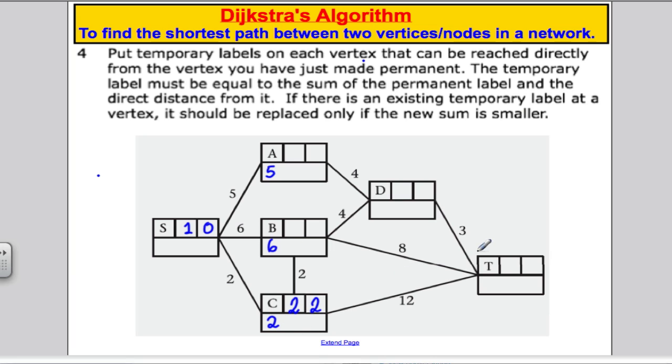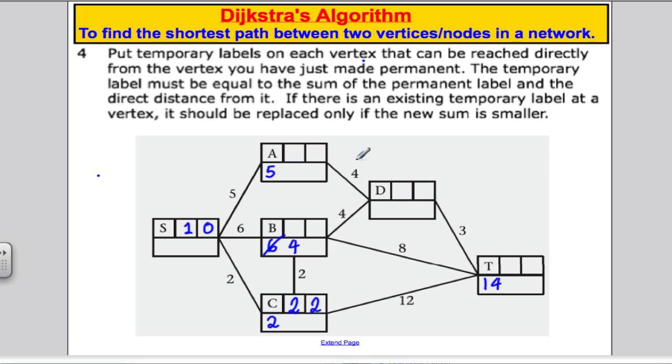I'm going to assign temporary labels to anything I can get to from C. Well, I can get to B from C with another 2. It already took 2 to get here, another 2, so that's 4. Now, I write in the 4 because it's better than the 6 I previously got, and I cross that 6 off. What else can I get to from C? Well, I can get here by going 2 and then 12, so in total 14. I can't get anywhere else from C, so I'm done there.